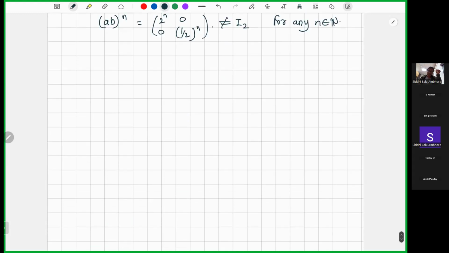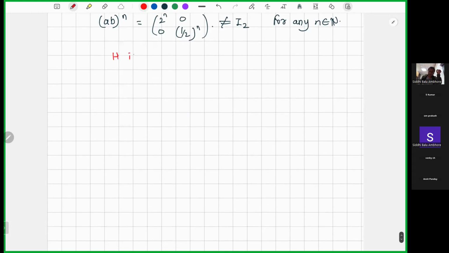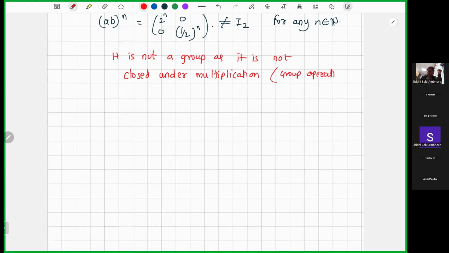So H is not a group as it is not closed under multiplication or group operation. Is that okay?